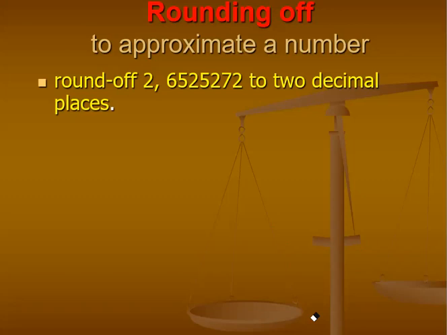If you are looking at numbers from 0 all the way to 10, you know that halfway is 5. Which means if a number is at least halfway and going upward, then you round up. If a number is below halfway, then you round down.